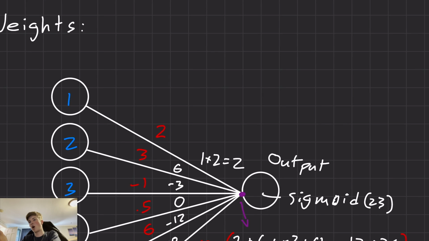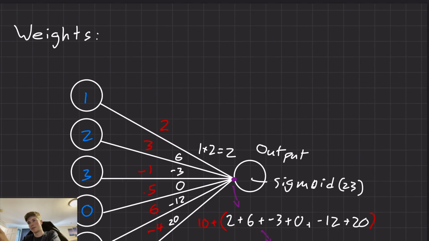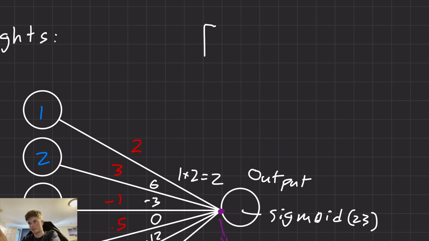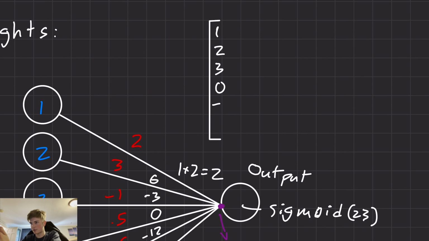So all we have to do for that is first represent all of these neurons in this layer as one vector. So we just need to write 1, 2, 3, 0, -2, and -5. So that's simple enough.